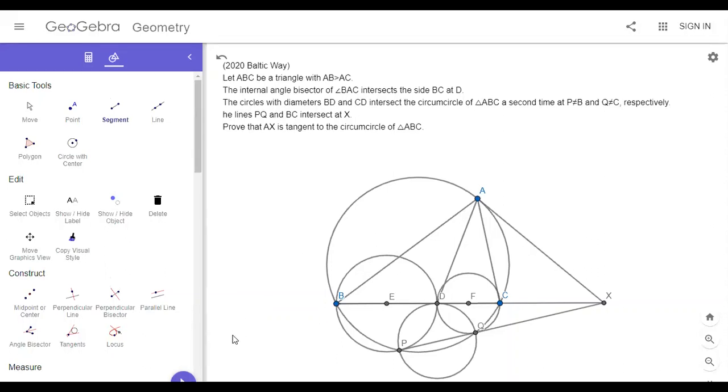But then, oh, let's see. Okay, so yeah, we're using harmonics here. Okay.